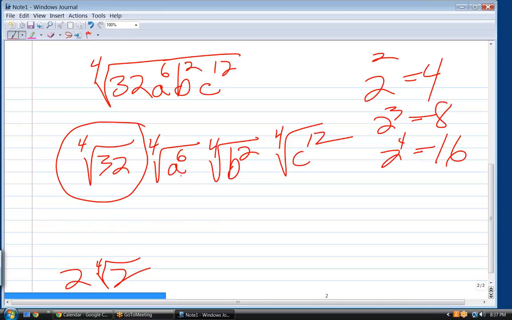Now, let's talk about the fourth root of a to the sixth. First of all, what would the fourth root of a to the fourth be? That would be a. What would the fourth root of a to the eighth be?